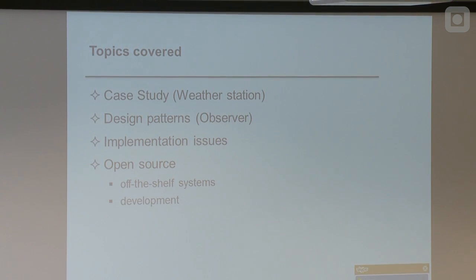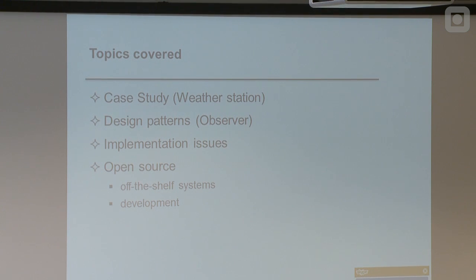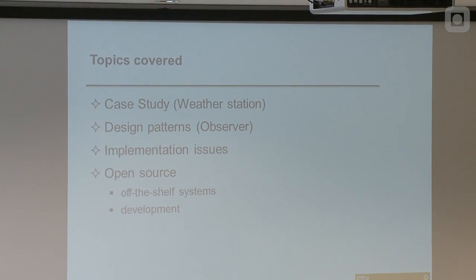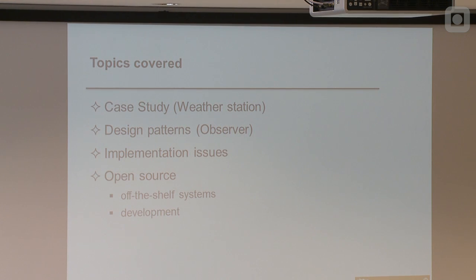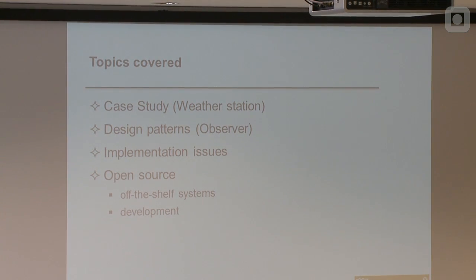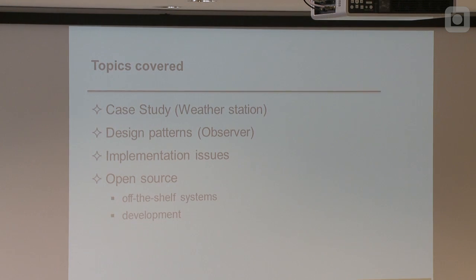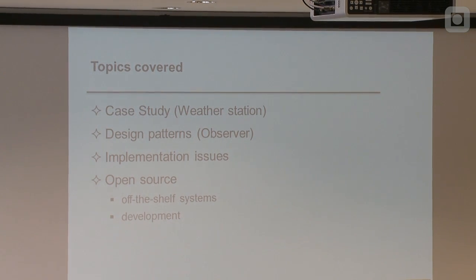There are 4 topics we cover today. We cover chapter 7, but concerning the case study about the weather station, I cover it in a slightly different way than the book. I think I cover it better than the book does.